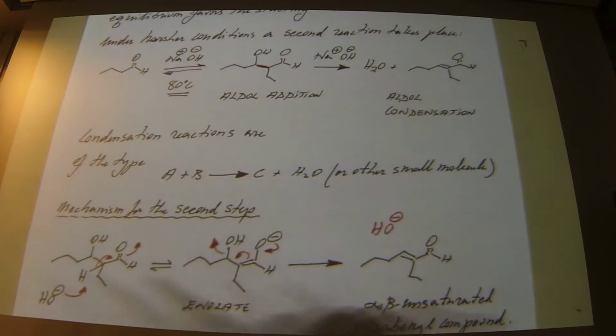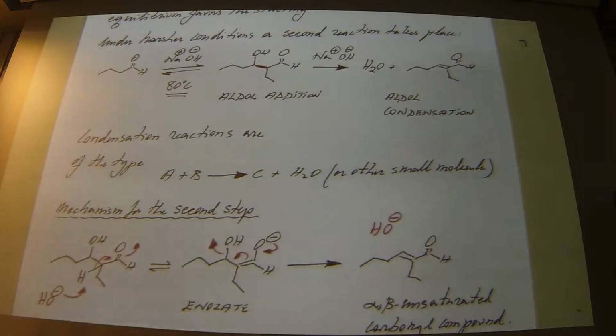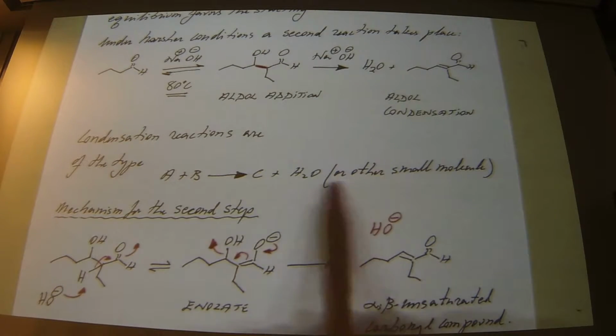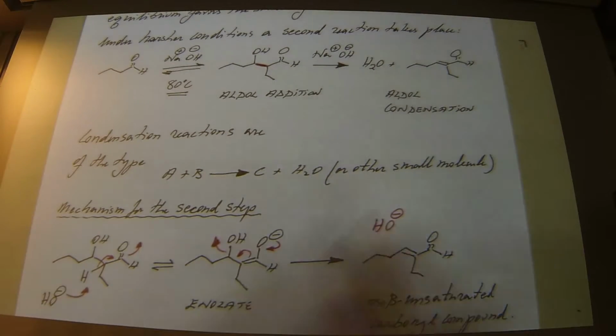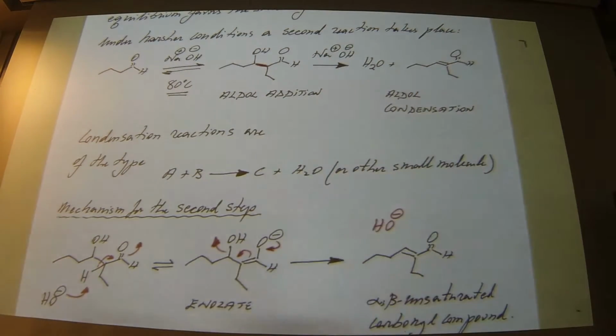Condensation reactions, remember, are always of this type. A plus B react to give C with splitting out of a small molecule, typically water, but not necessarily water. So any reaction where A plus B, two of these come together, and then split out water is a condensation. Now, the mechanism for the second step, this step here, is a bit weird the first time you look at it, because it seems to fly in the face of something that I hammered into you.